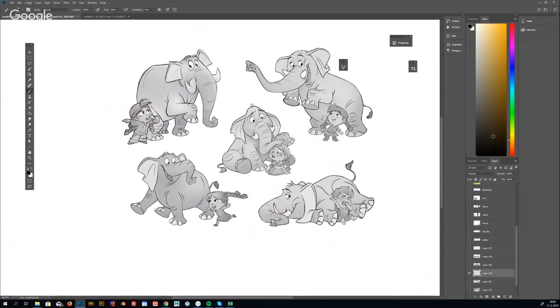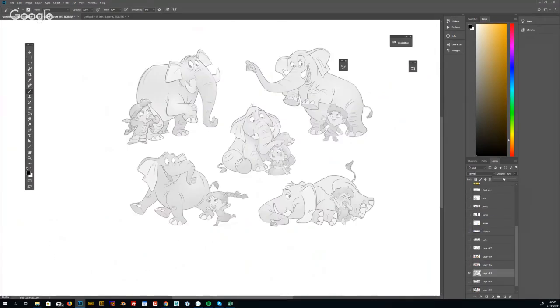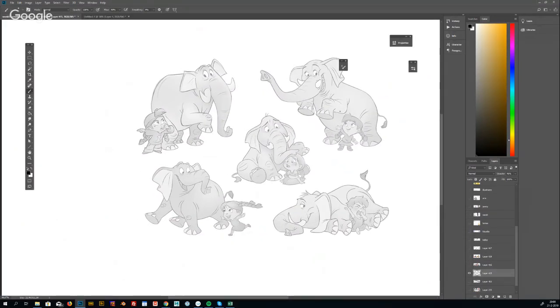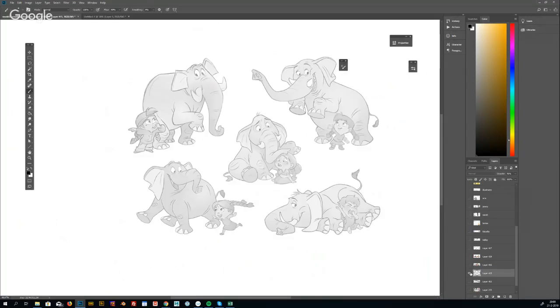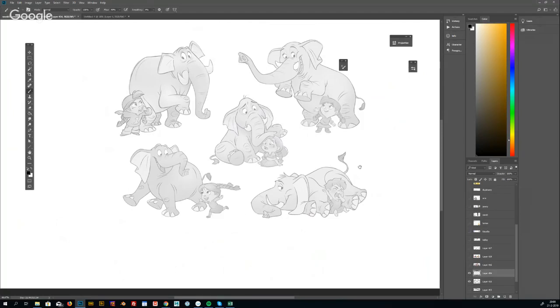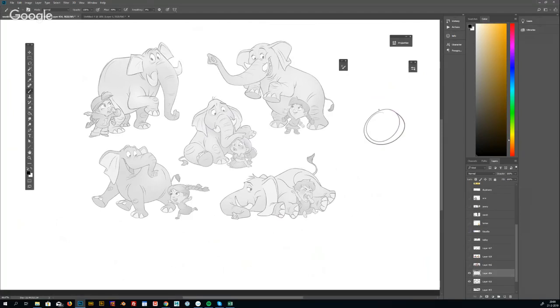So here you can see these characters. At first I had this girl I made, and then the girl was yawning. But then I wanted to create some portfolio projects with a bit more story in them.